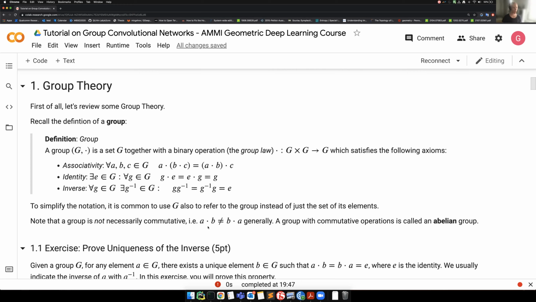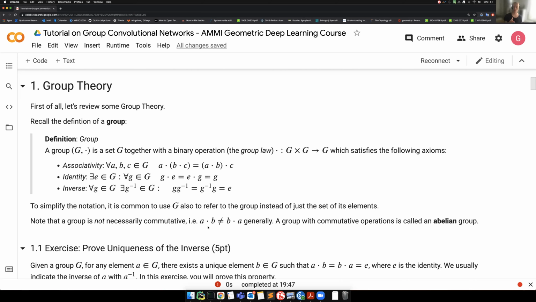Another example of a group, the one we will care about more, is the group of rotations, right? A rotation by theta degrees, you can imagine that as a group element. Now you can combine two rotations by alpha degrees and beta degrees, and that is equal to a rotation by alpha plus beta degrees.